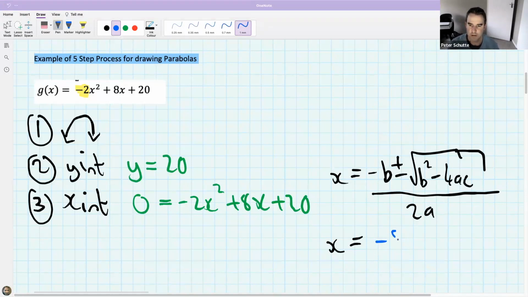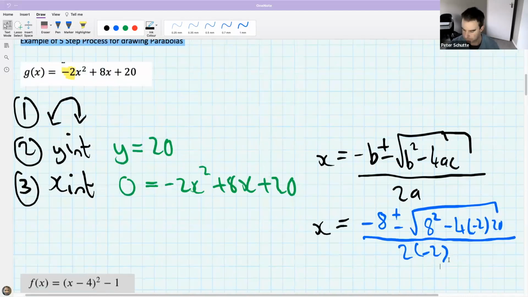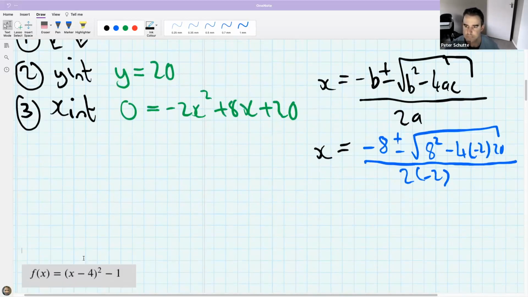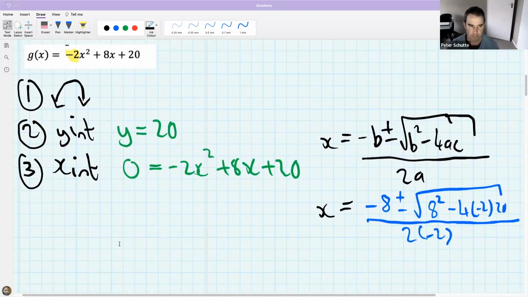So we get, what are my answers going to be for my x-intercepts here?